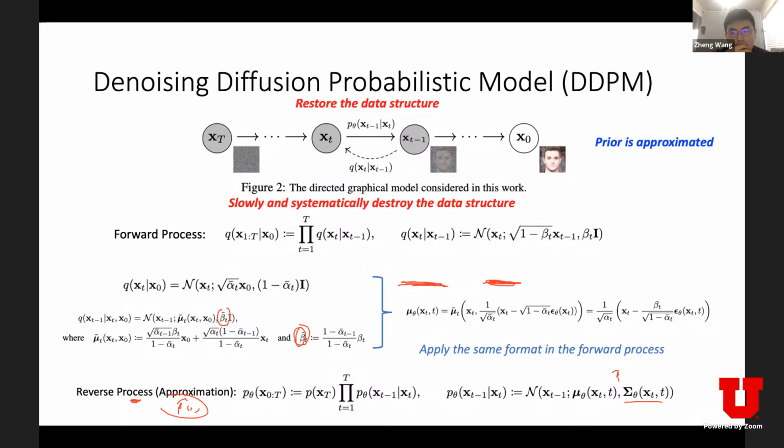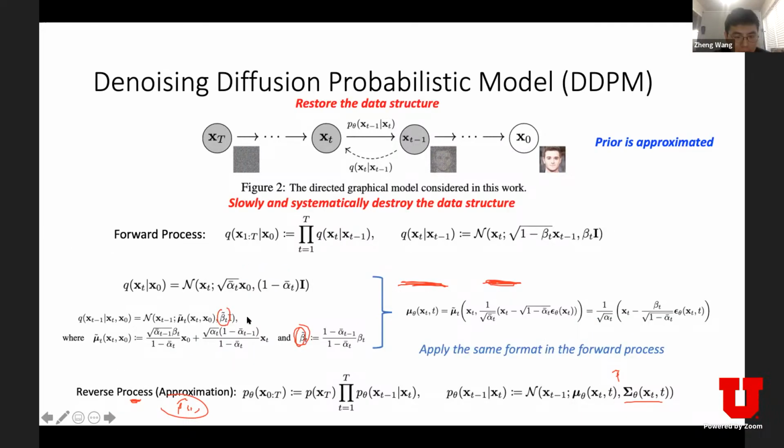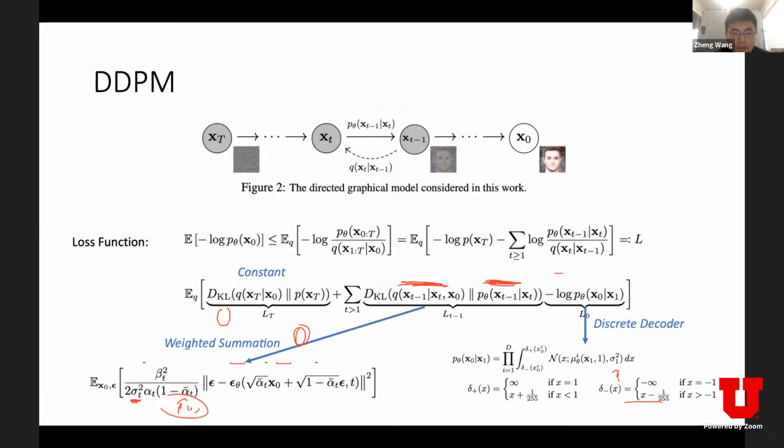Actually, in this paper, they have different options for the sigma t here. It's not the beta t or tilde beta t. It's something bigger than the beta tilde t. They also mention it in another paper.